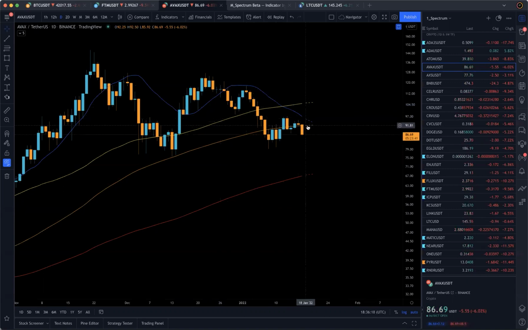So even if it breaks above, hypothetically let's say it bounces today, breaking above orange won't be good enough. In my opinion, it has to break above the blue, and ultimately breaking above the yellow would be the best scenario. So this is ideal, but above blue in this region could be a good opportunity.